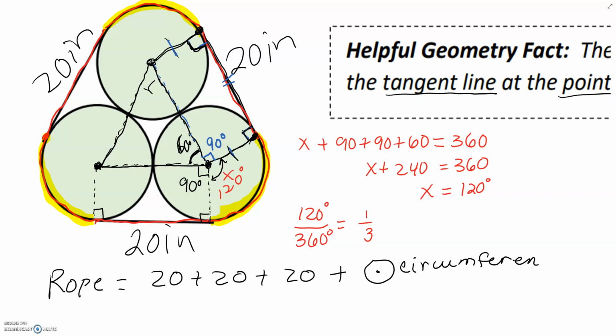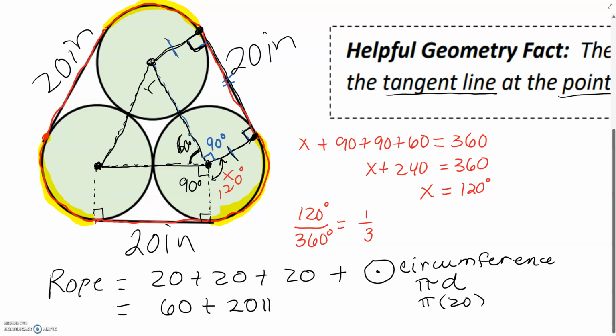And how do we find the circumference of a circle? Pi times the diameter, which in this case is pi times 20. So the rope is 60 plus 20 pi long. And you can use your calculator and get an approximation for that as your answer. And that is it.